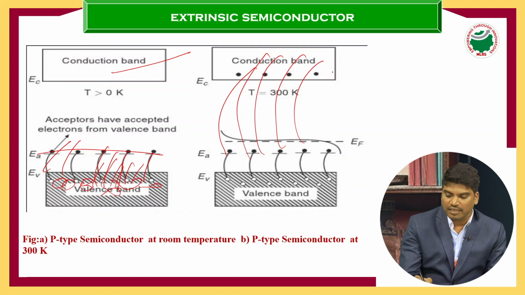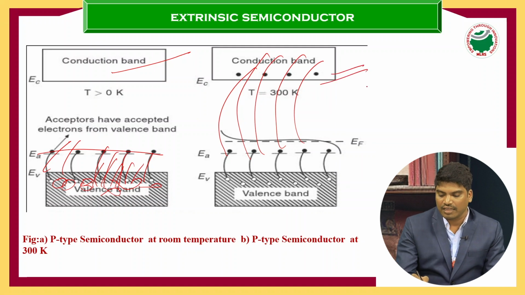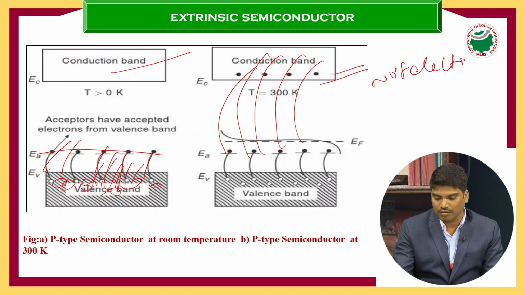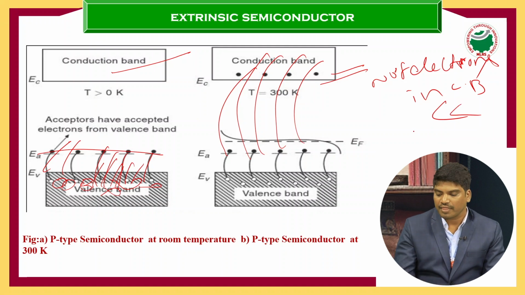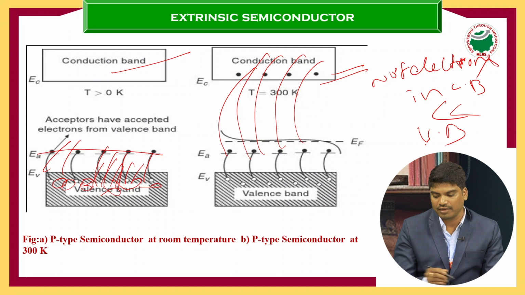So we can clearly see that the number of electrons in the conduction band is always less than the number of holes in the valency band. That means in the valency band, more vacancies have been created because of the trivalent element.